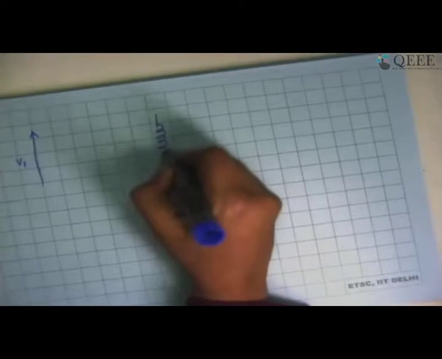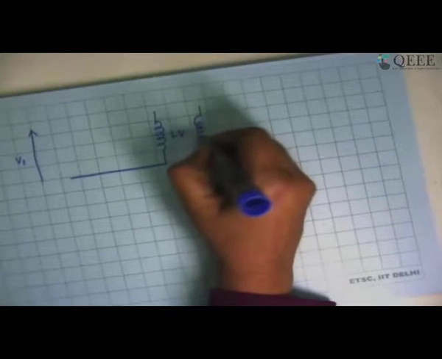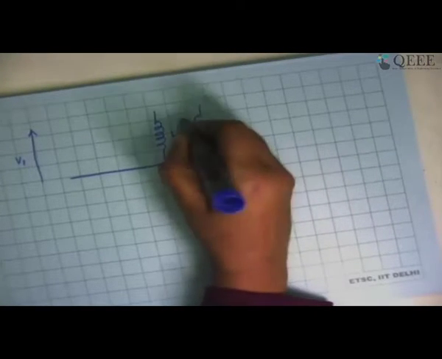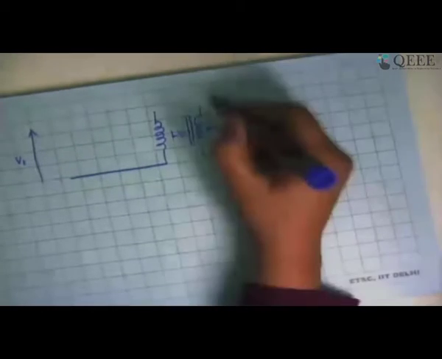So let us try to see how open circuit test is done. Let us say this is our voltage source. Let me call that V1, which is the primary voltage. Now this is going to be applied to the primary of the transformer, or LV winding, low voltage winding of the transformer. Here is my high voltage winding, and between them is the core, and this is going to be open circuited.